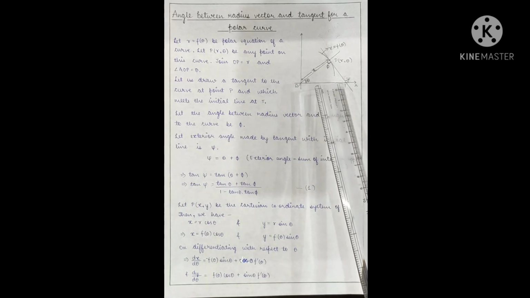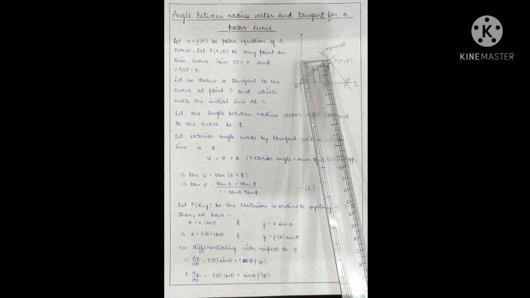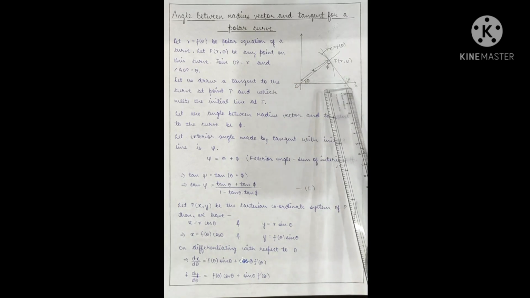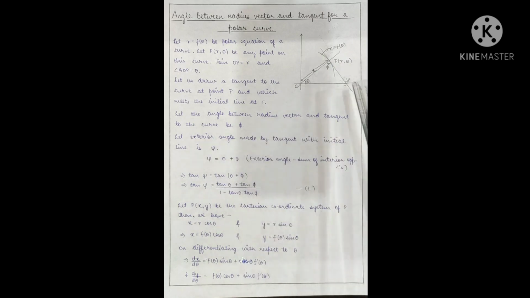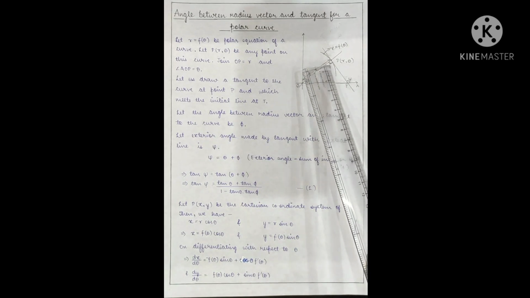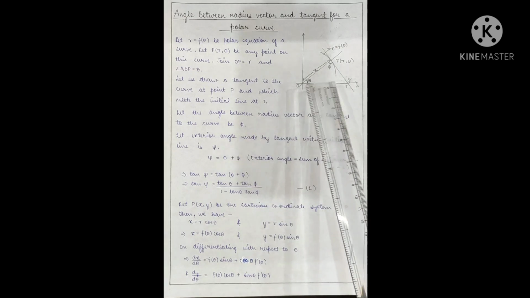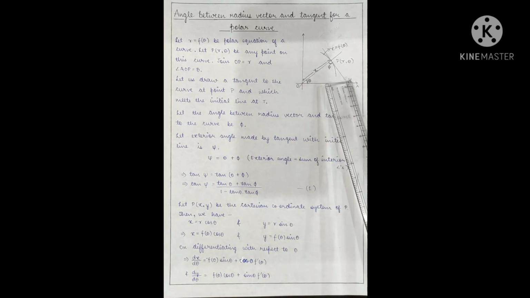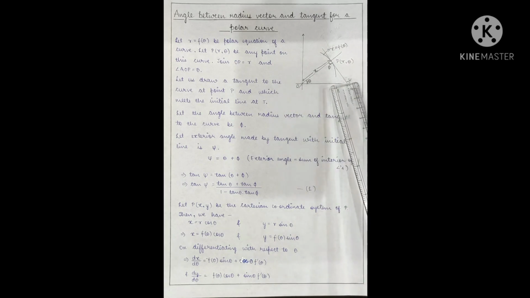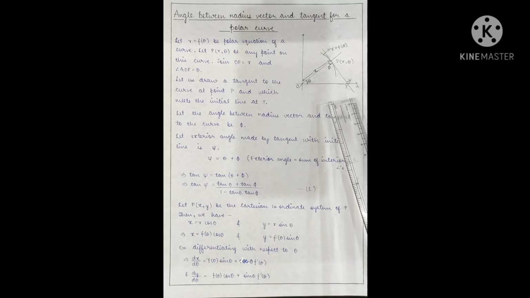Now we draw a tangent to this curve at point P, which meets the initial line OA at point T. The angle between the radius vector and the tangent is phi, and the exterior angle made by the tangent with the initial line is psi.